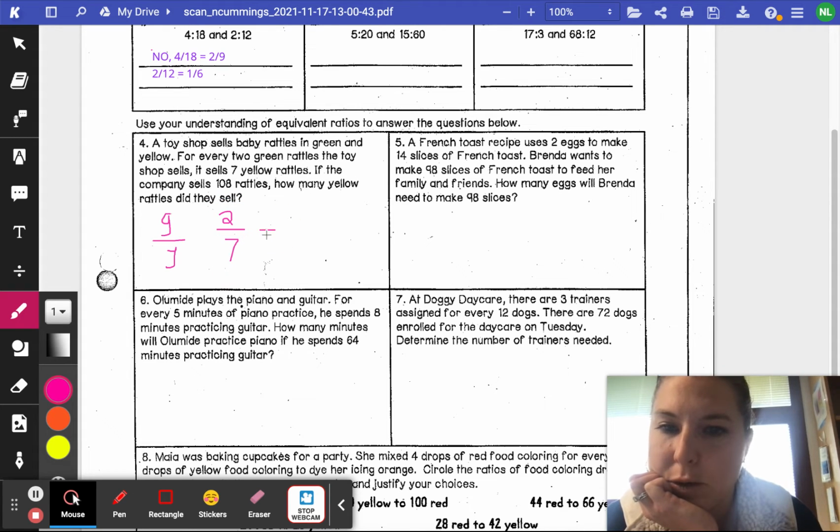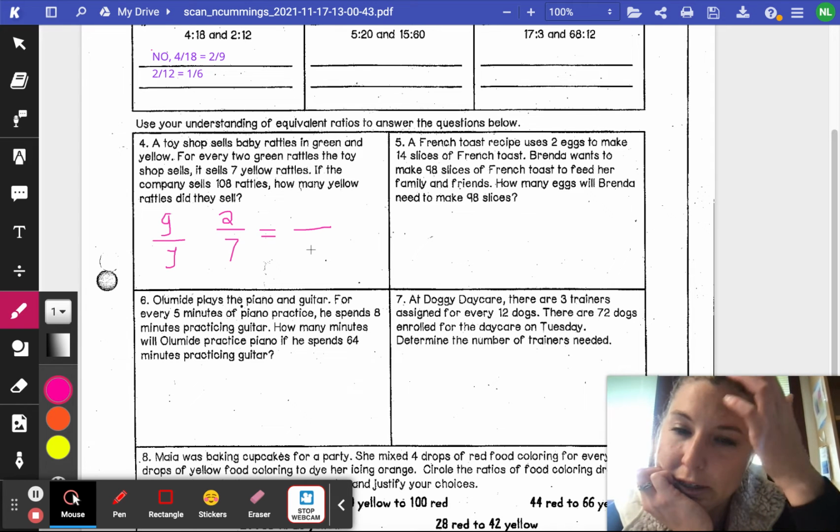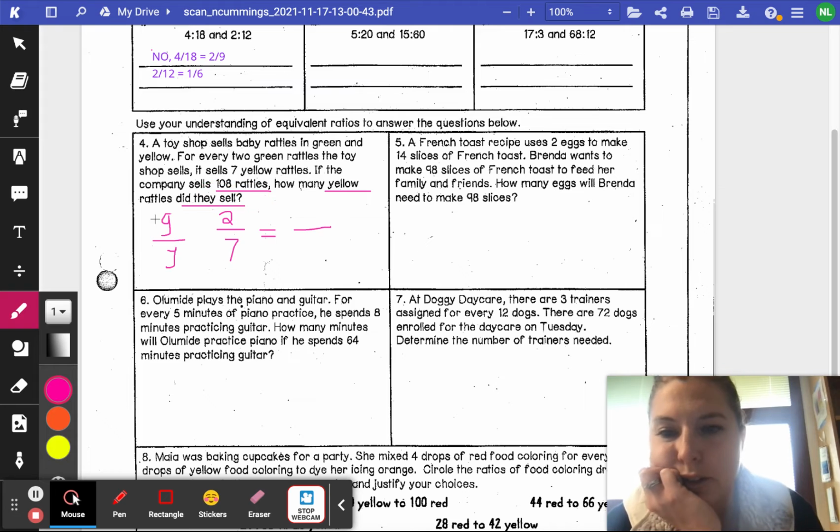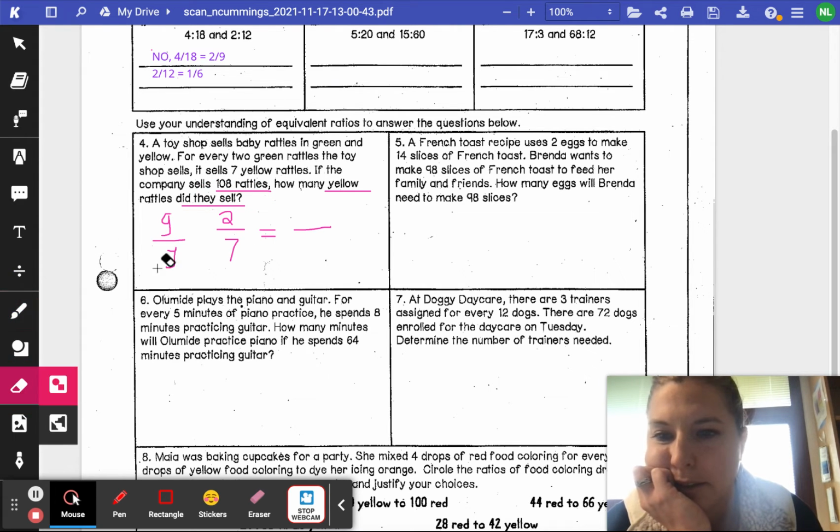They want us to make an equivalent ratio, and they said if the company sells 108 rattles, how many yellow rattles did they sell? So actually, they want total rattles and yellow rattles. I have to erase this part really quick. Give me a second.